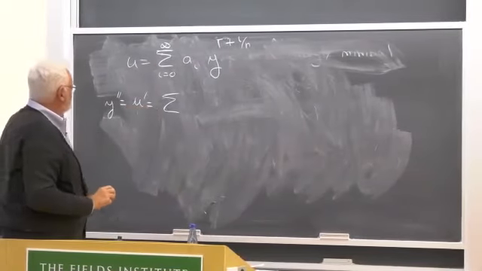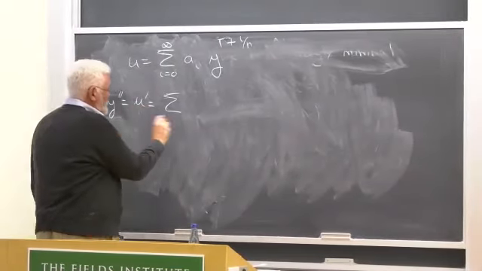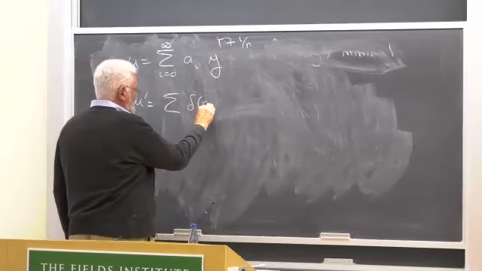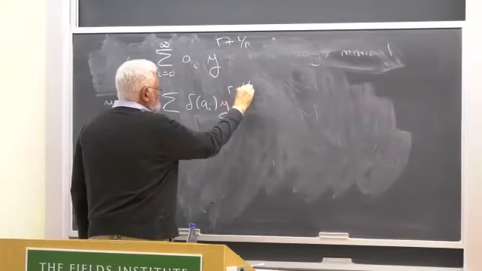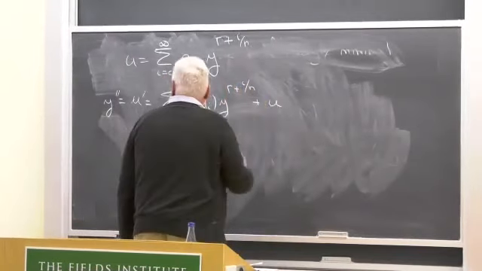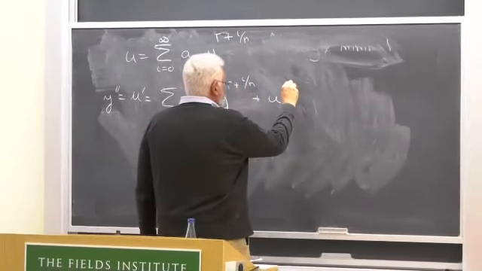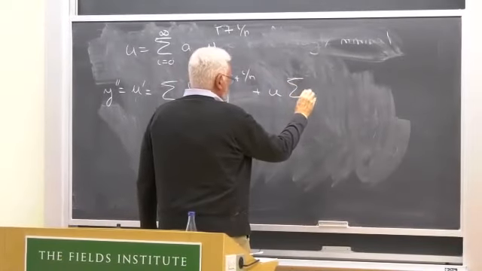Sorry, I changed things a number of times as I was writing it down. So y double prime is u prime. When I write out the derivation, first I differentiate the coefficients. Then I get u times the usual derivation.